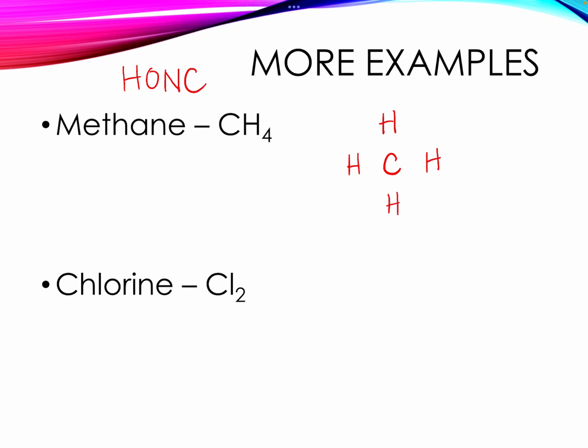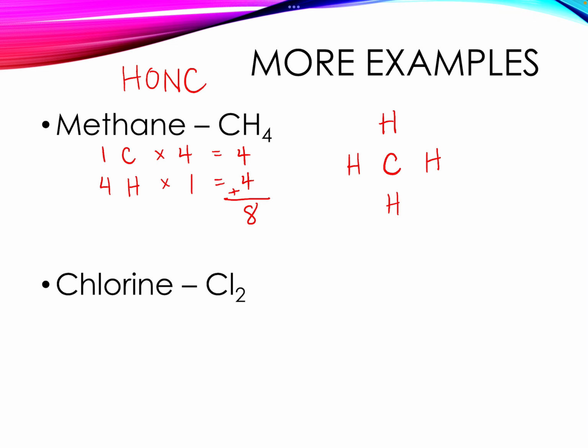All right, now we need to figure out how many valence electrons we have to play with. So we have 1 carbon, and carbon has 4 valence electrons, so that will give us 4 from the carbon. We have 4 hydrogens, and each one has 1 valence electron, so we're getting 4 from the hydrogens, which means we have a total of 8 valence electrons we can use in this structure.